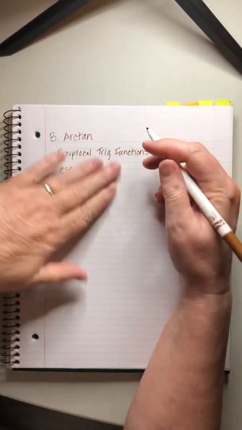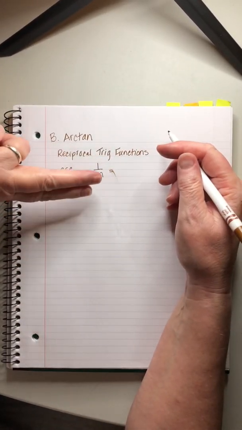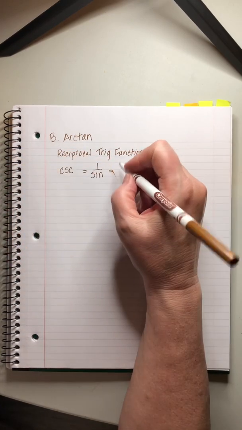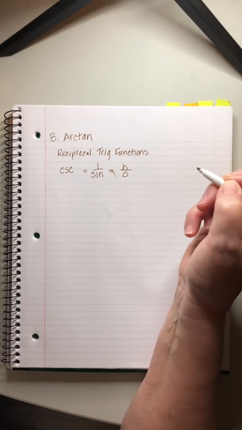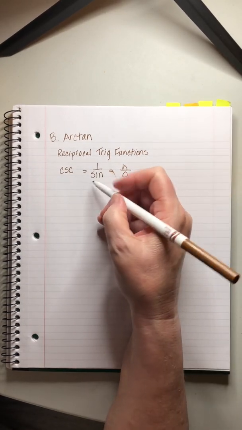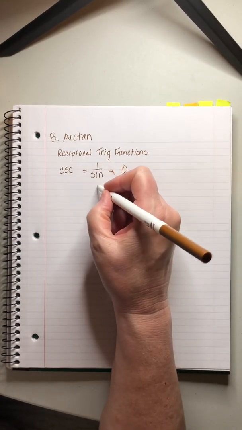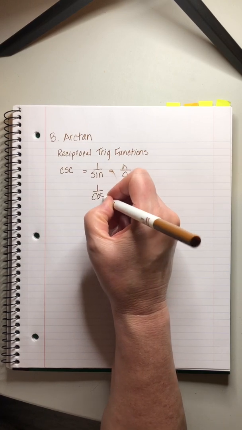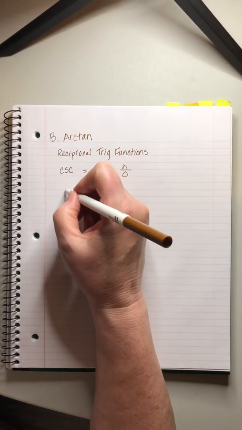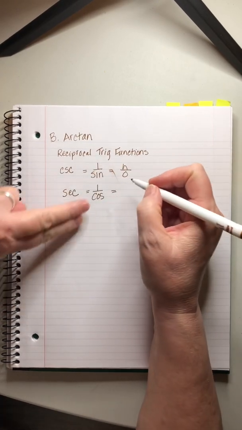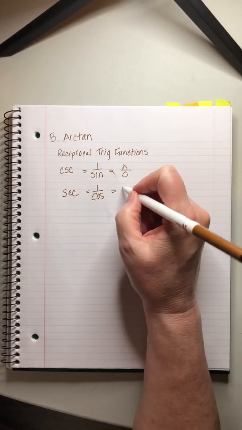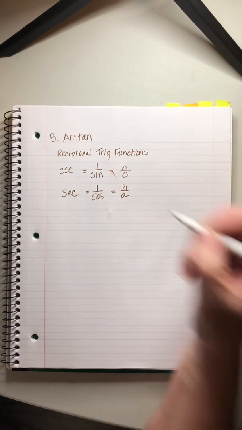And we can think of it this way, or we can just take sine and flip it, and it becomes hypotenuse over opposite. All right? We know that we can take 1 over cosine, and that has a special name. We call that one secant. And again, we take the letters for cosine and we flip them. So that one looks like that.